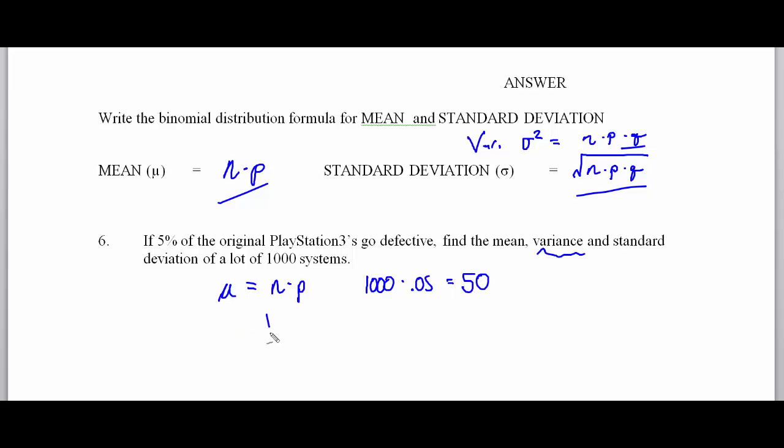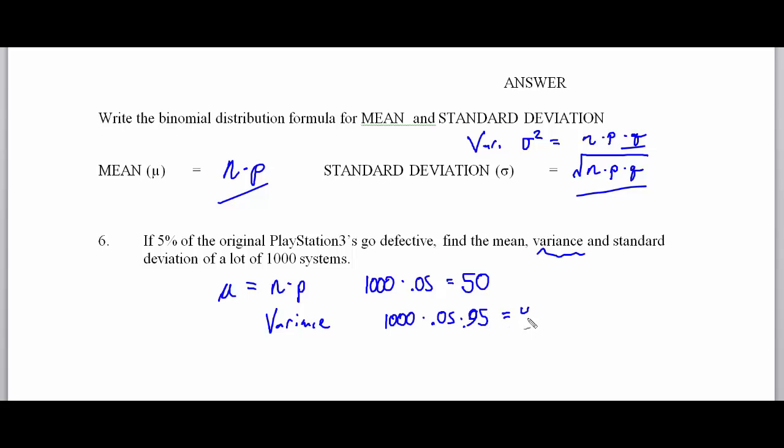So what we're going to do is work on the variance. The variance is going to be the 1,000, that's the n, times the p, which is our failure rate, times the q, which is our success rate, which is kind of weird, right? Because you're saying that your success is a failed PS3, and then the success is really our failure here, failure to have a failure, which is weird.